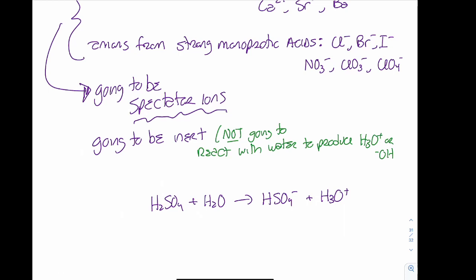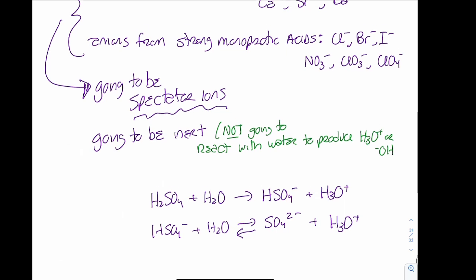And this arrow I'm just going to draw in one direction. But HSO4 minus can also react with water to produce sulfate ions plus another hydronium ion. And this one is weak. This one can actually go back in the other direction. So sulfate can take a proton from hydronium ions, going back to form water and bisulfate, or hydrogen sulfate.